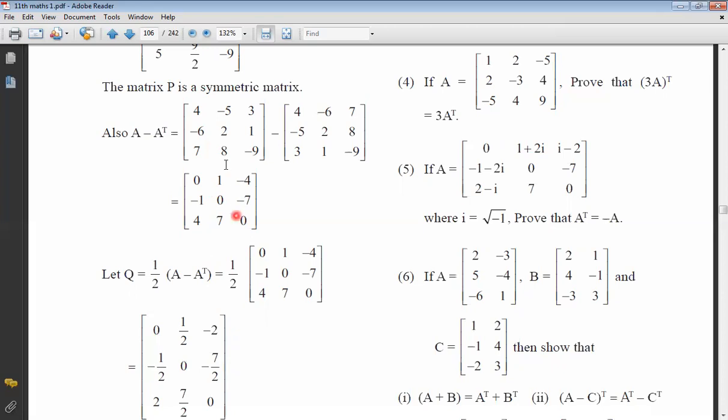Subtract all corresponding elements. 8 minus 1 is 7, 2 minus 2 is 0, and so on. Now, if you observe, this matrix has all diagonal elements as 0, and then 1, minus 1, minus 4, 4. So these elements are like symmetric, but opposite signs are there. If this is 1, this is minus 1. If this is minus 4, this is plus 4, and so on. So this is a skew symmetric matrix.